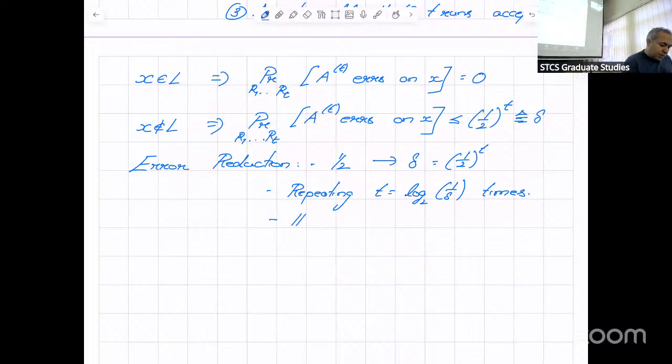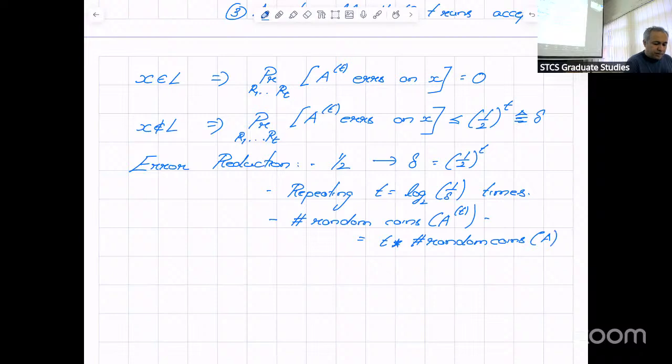So the number of random coins of A_T, or let's call it A with error delta, or let's call it A_T only, is equal to T times the number of random coins of A. It's increasing by a multiplicative factor of T.